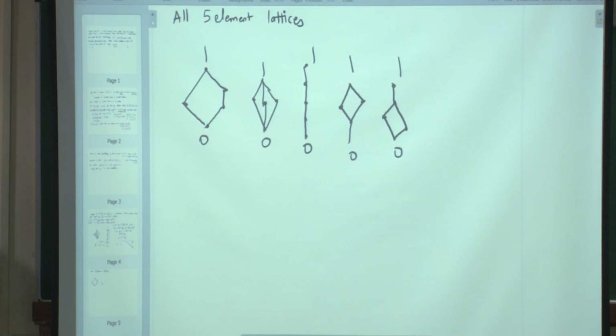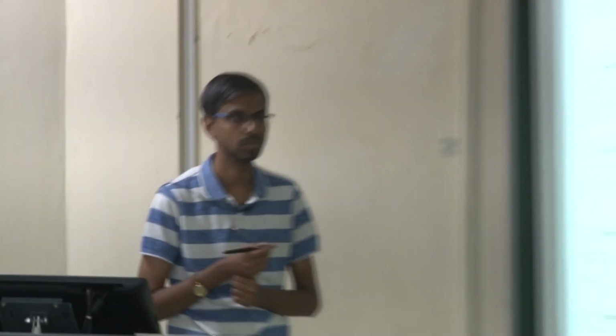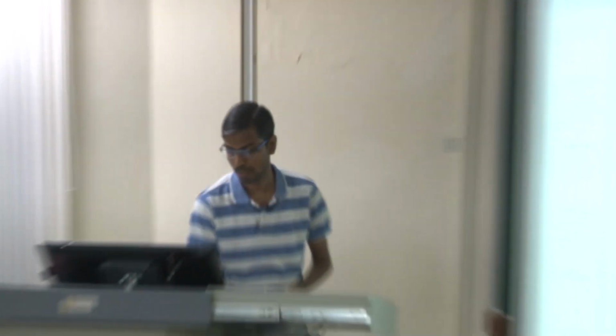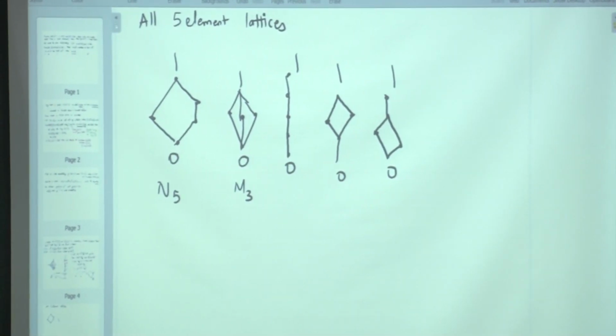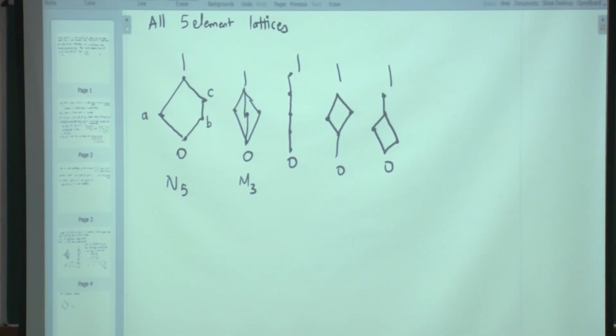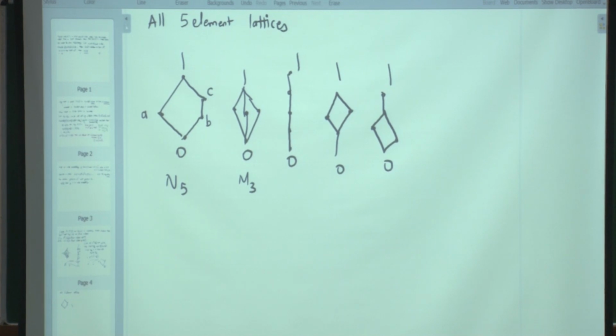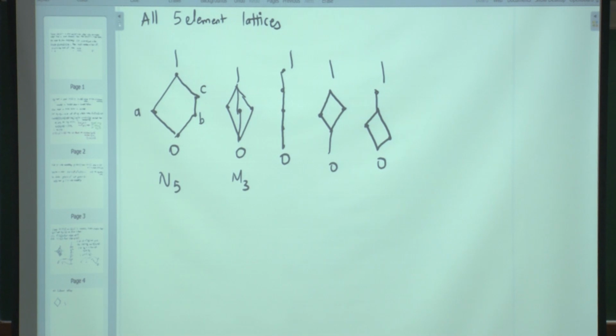Okay, and now tell me which of these are distributive. Is N5 distributive? No. Give me a reason why N5 is not distributive. Which 3 elements can I choose to break distributivity? A, B and C, okay. So I can take A join B meet C. What is B meet C?